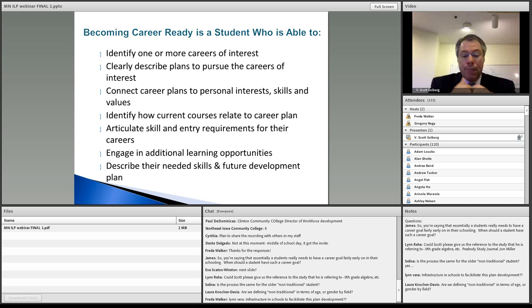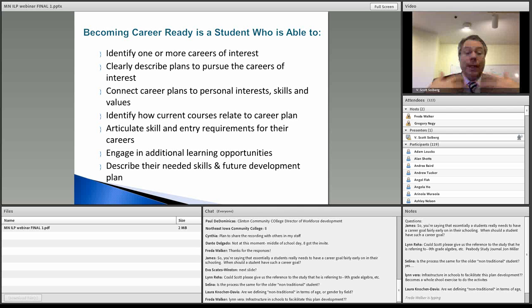And then infrastructure in schools to facilitate the plan development. We have seen that when it's done most effectively, it becomes a whole school enterprise, and all of the educators provide time during the week, or maybe a couple of times a month, to do these ILP activities. What that creates is a strong mentoring relational base between the educator and the student, and it's that caring adult that really carries the day.